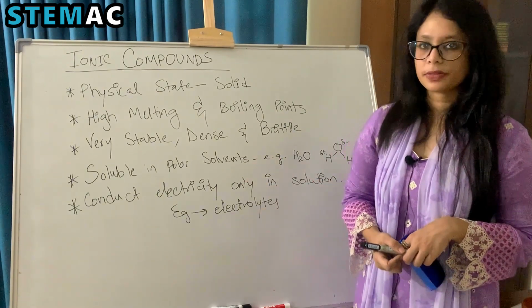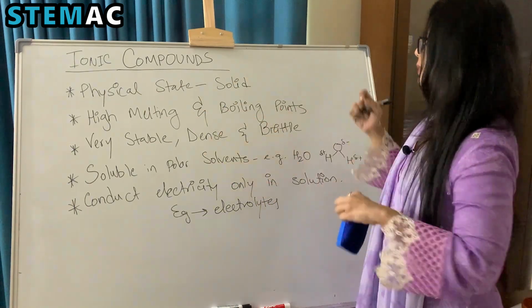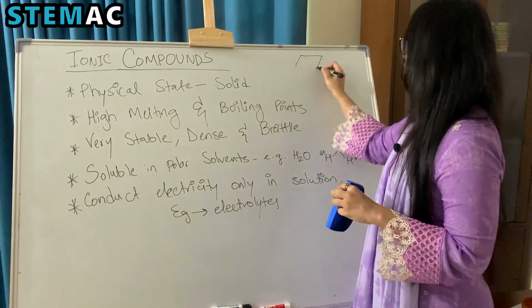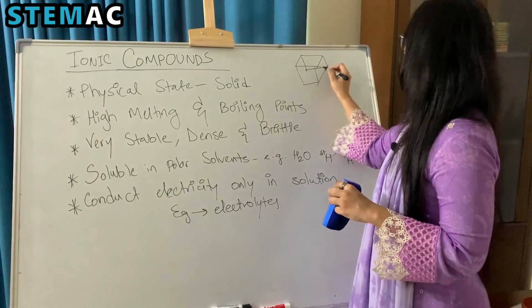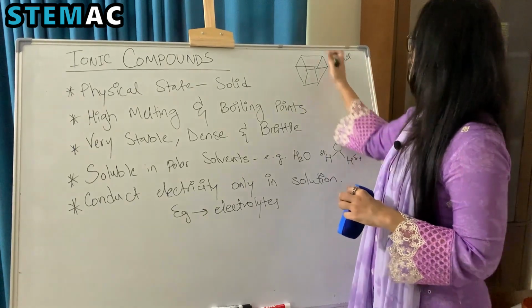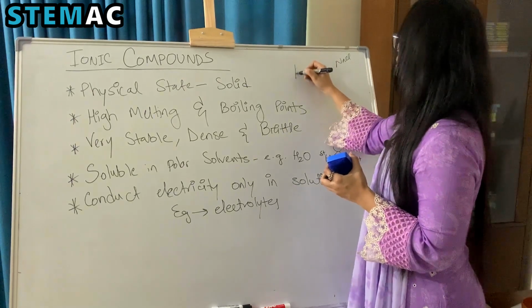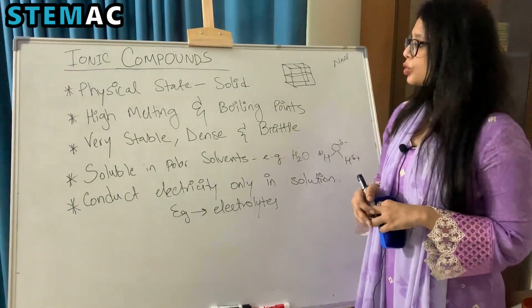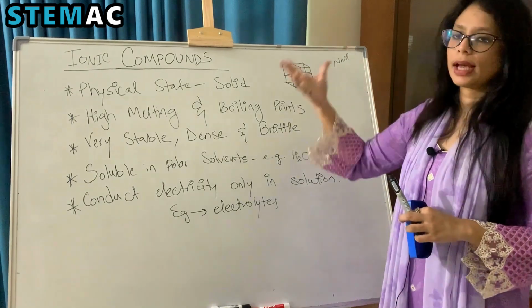And also, since they have a lattice crystal structure, that means that all of their atoms are present in a small place in a very dense condition. Let's say for sodium chloride, if this is a crystal or a cube of sodium chloride salt, since they're solid and stable, they have a lattice structure.